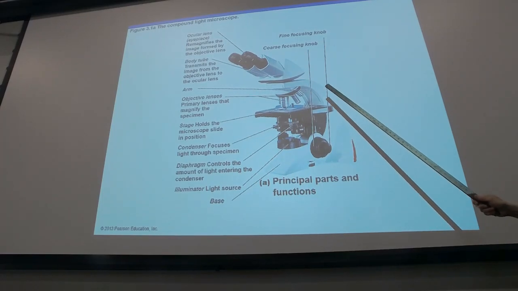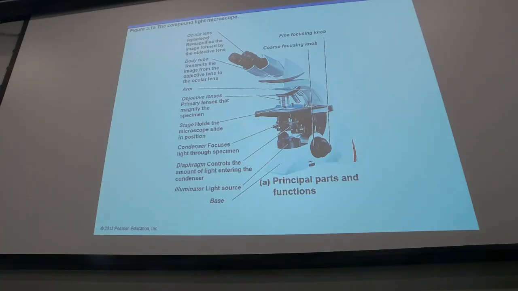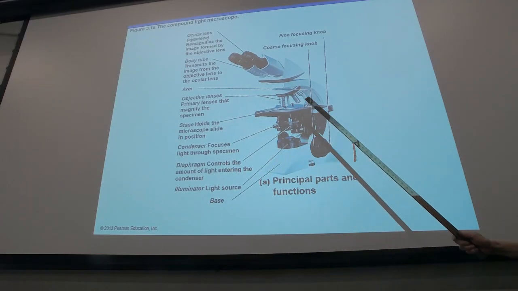The objective lenses have different lengths and they have different resolution, which is the ability to distinguish the distance between 2 points, where you see 2 points clearer. The higher the resolution, the sharper the image is going to be, because you can distinguish better where 2 points are located close by.